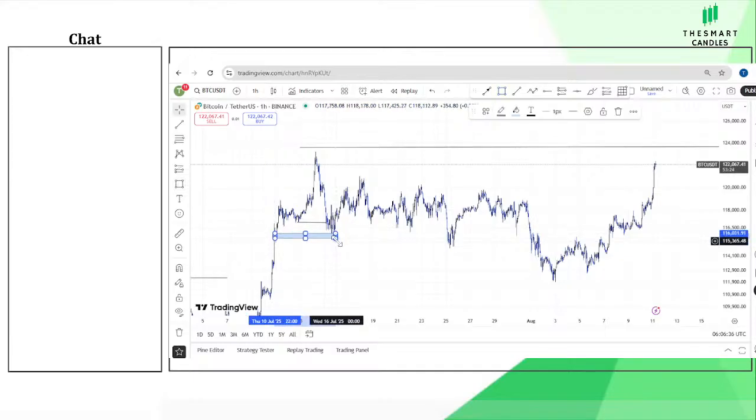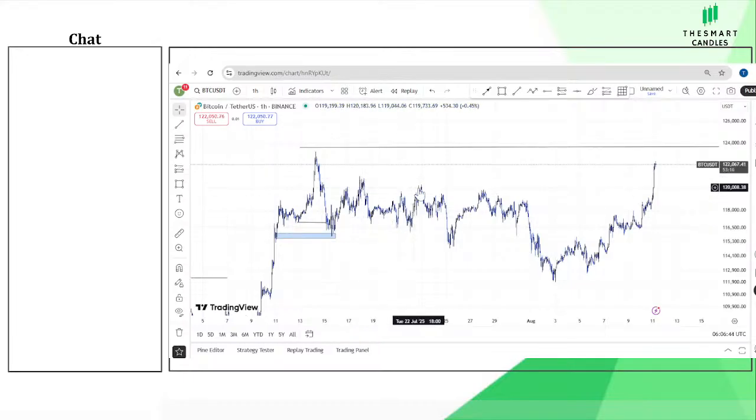That led to the push we had all the way to the upside here. Market still came back again for the second time, but there was no momentum in the market to push the price higher. There was no momentum to actually push this price higher.